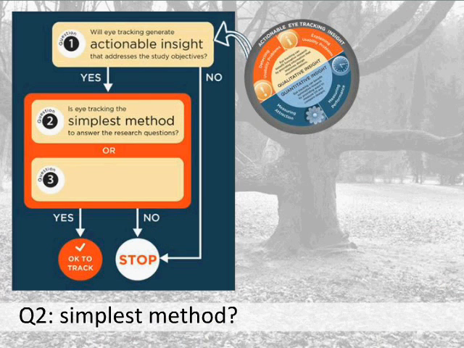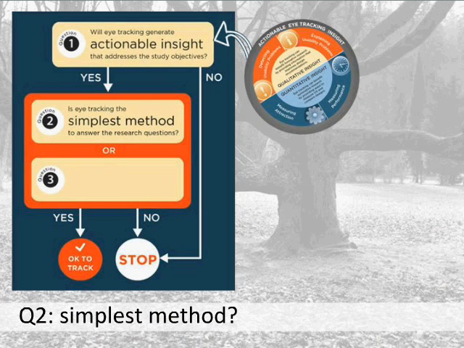If the answer to the second question is yes, because let's say eye tracking is the simplest or the only method to answer one of your research questions, then you can go ahead and add eye tracking to your study. There's no reason to ask the third question because you only need one yes, either to question number 2 or question number 3.